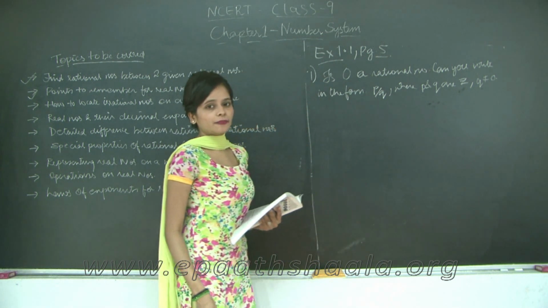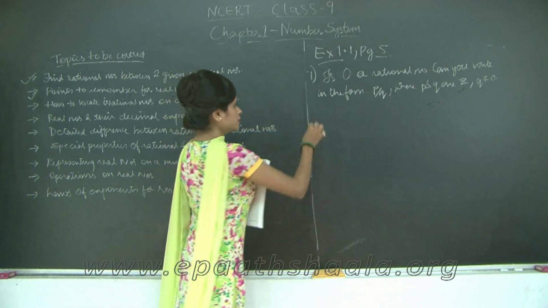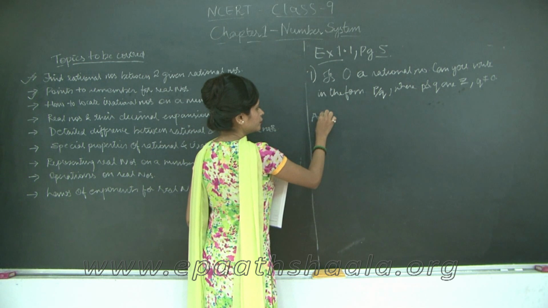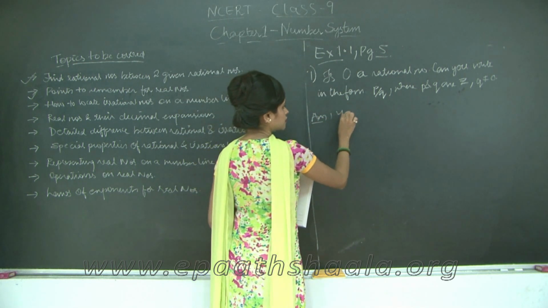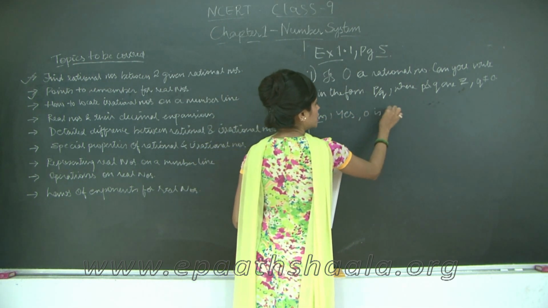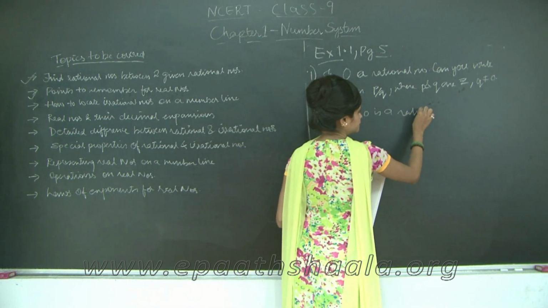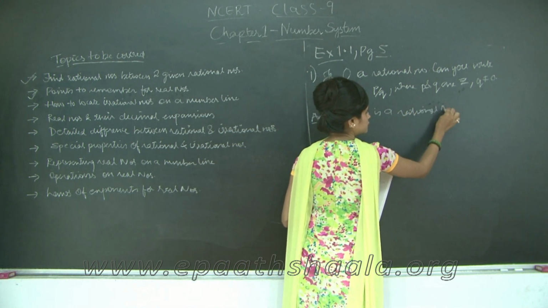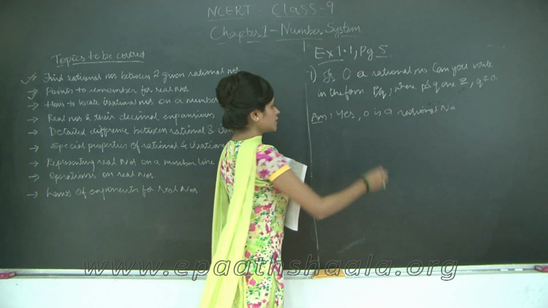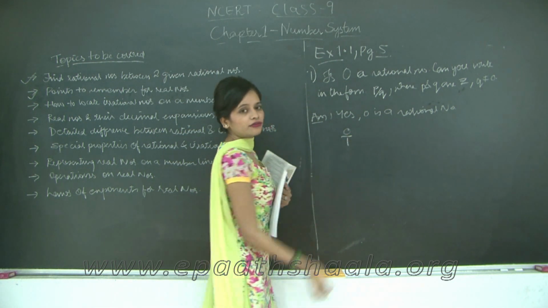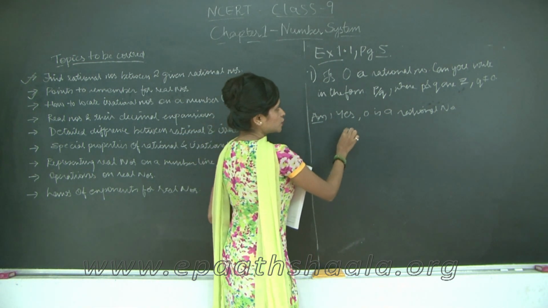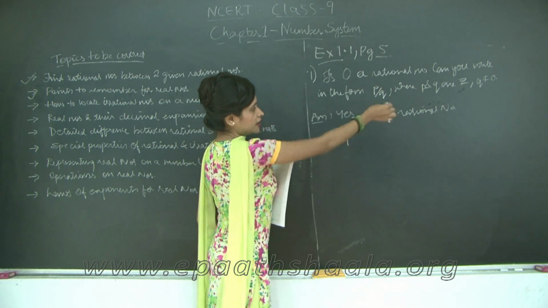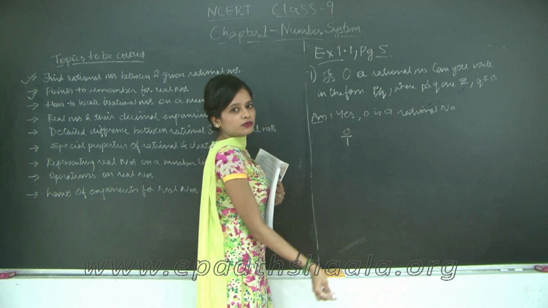So what do you think? Yes, 0 is a rational number. Why? Because 0 can be represented as 0 upon 1, for example, where 0 and 1 are integers and 1 is not equal to 0.